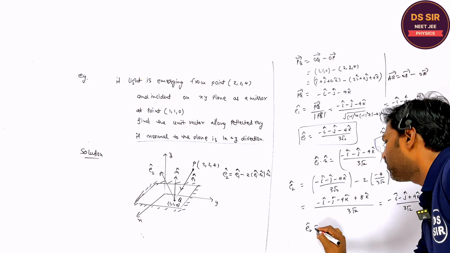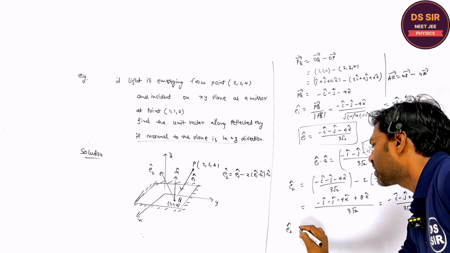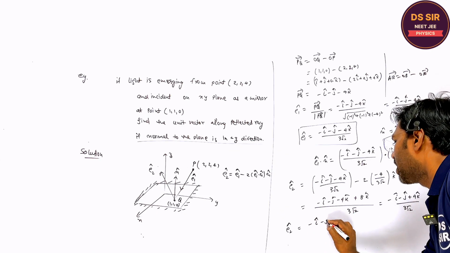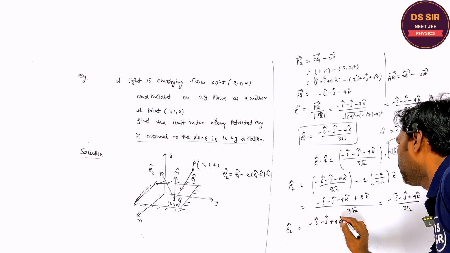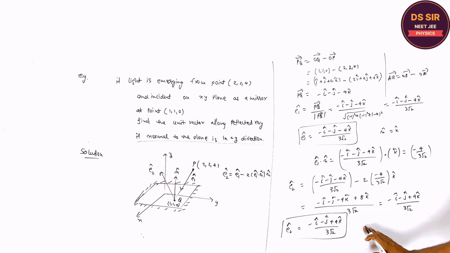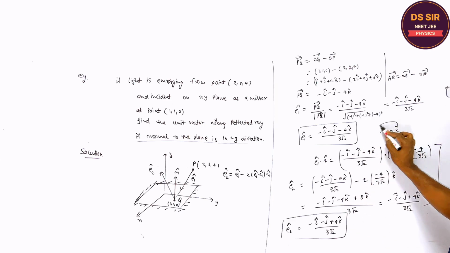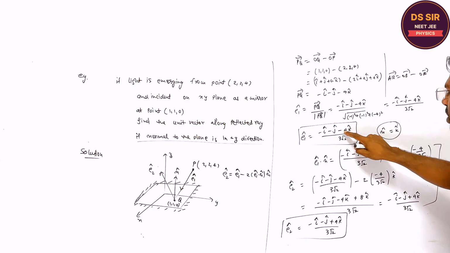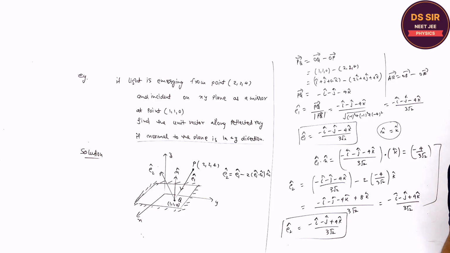So the unit vector along the reflected ray is minus i minus j plus 4k cap upon 3 root 2. Is it clear or not, you tell? Although you have done this calculation, if this is the k cap and you want to find the unit vector along the reflected ray, just reverse the sign of the k cap. Is it clear or not? So you may directly write the answer also, but I have shown you how it comes, right?